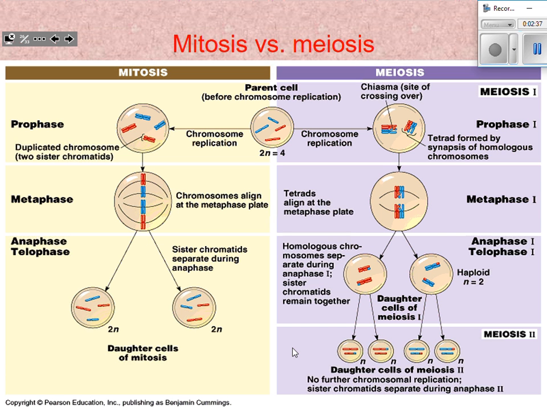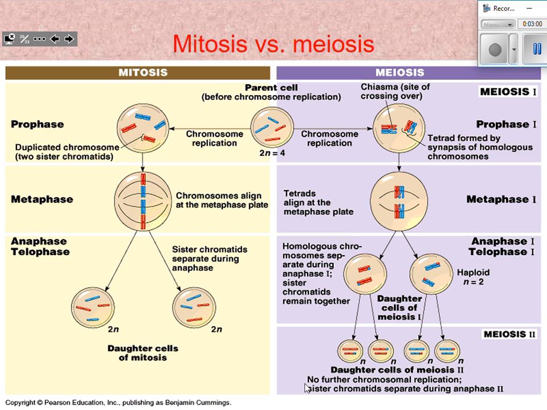So if we're using the terms that I taught you, we're talking about what? Haploid and diploid. If you look right here, these are diploid. How do you know those are diploid? It says 2N.